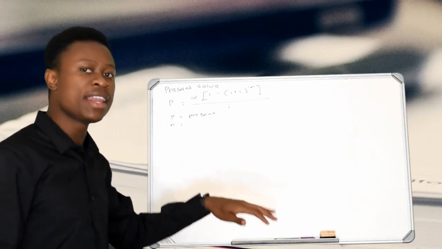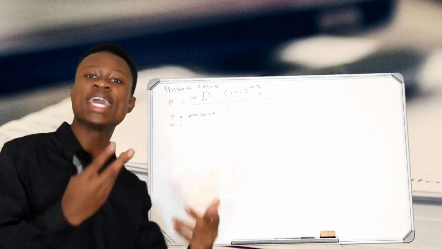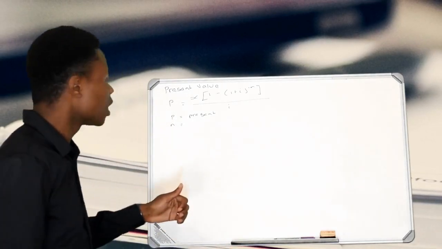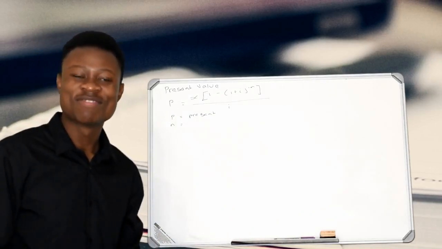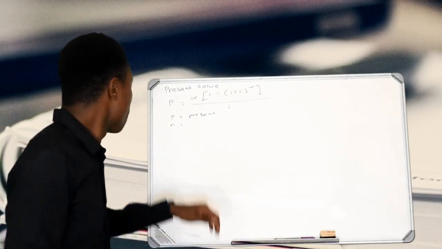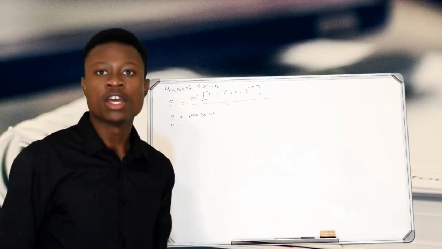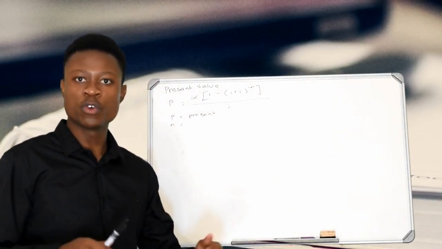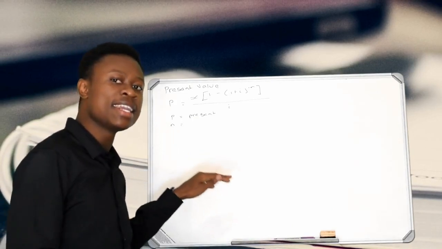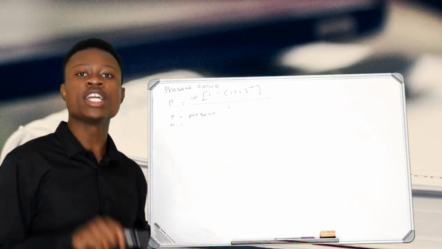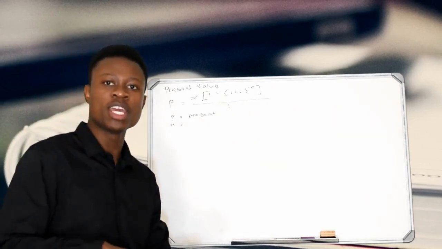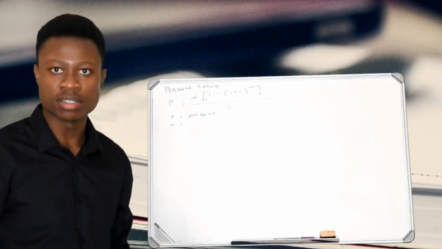No, because n is the number of payments remaining, so you would say 12 times 3, because he has 3 years remaining.